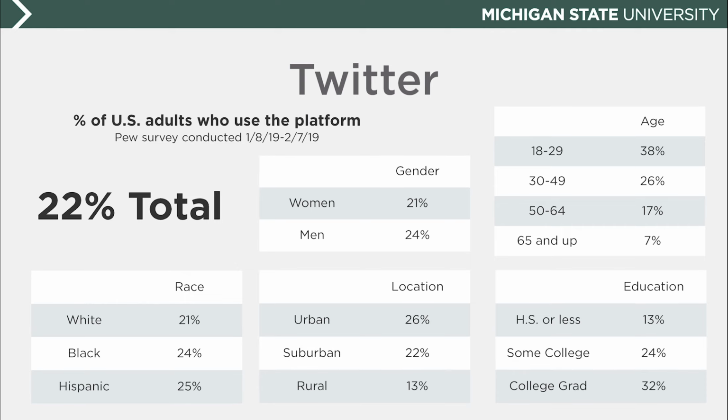Pretty even keel between women and men. Skews more on the, I would say, young alumni, current student, slightly in the Gen X baby boomer area, but more younger than not, and more college grads than high school or less, more urban and suburban than rural.